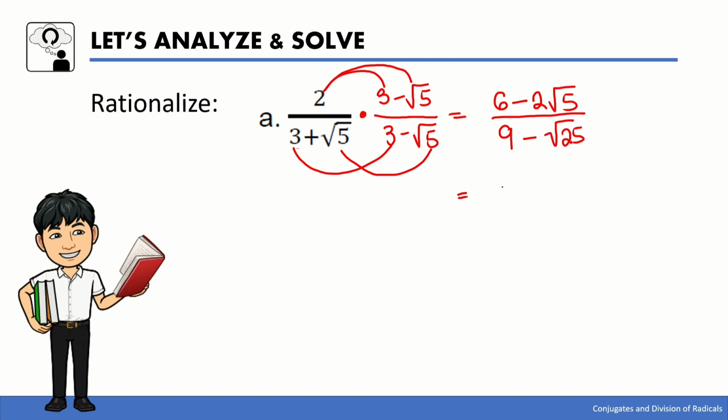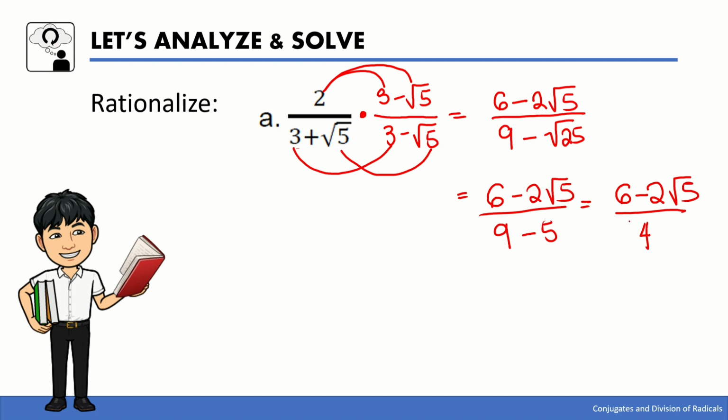Then we simplify. We now have 6 minus 2 square root of 5 all over 9 minus the square root of 25, which is 5. Then we simplify again. This is now 6 minus 2 square root of 5 all over 9 minus 5 is 4.